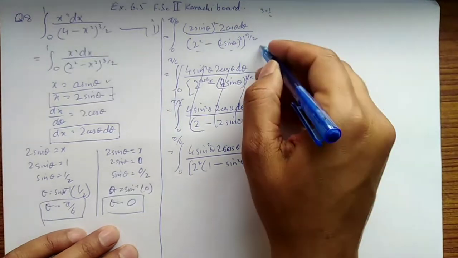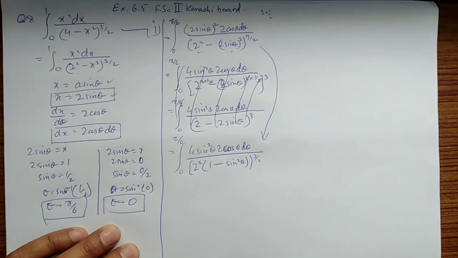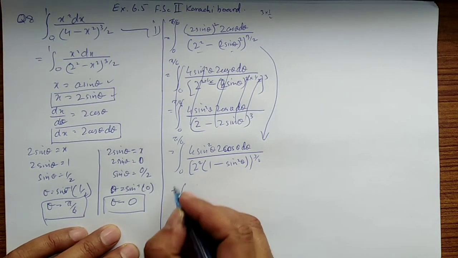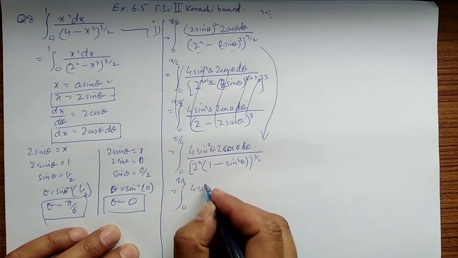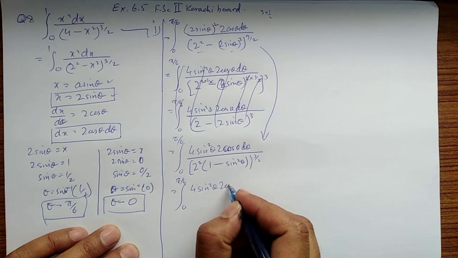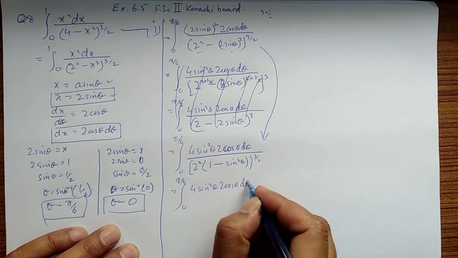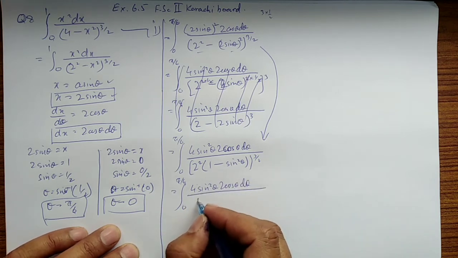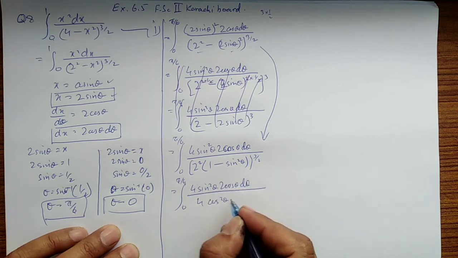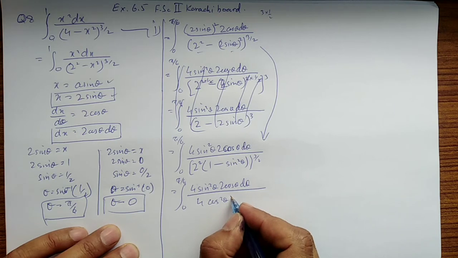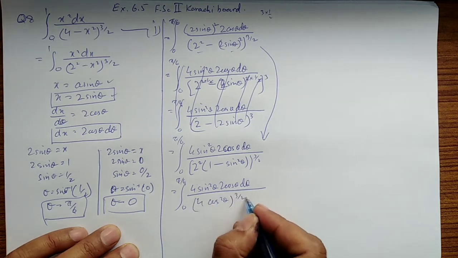After this step, the denominator is 4 times (1 minus sine square theta), which I can write as cos square theta, and I have now outside 3 upon 2.